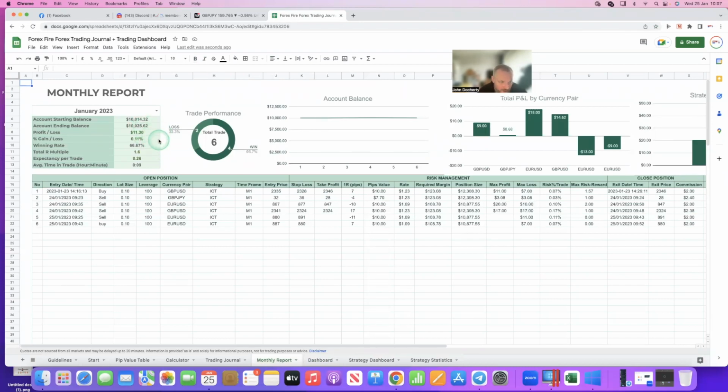We've got a profit loss, and again, of $11.30 because we started $10,005 odd cents, I think it was. We've got a gain on the account of 0.11. We've got a win rate at this time of 66.67. Again, 1.6 Sharpe ratio. Time during being in trades, it's roughly about 9 to 10 minutes.